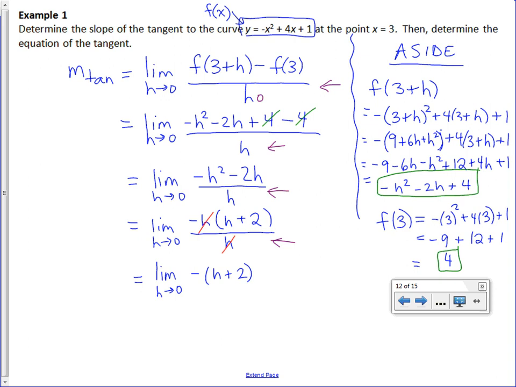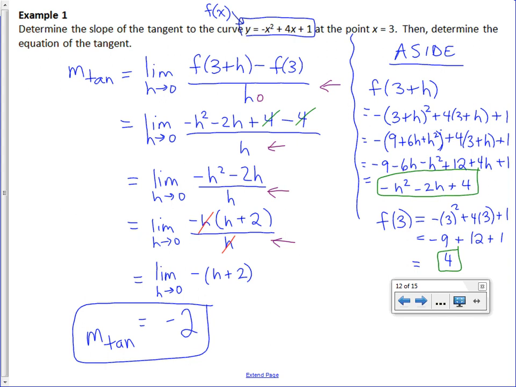When you replace h with a 0, it makes it look like you're saying h equals 0, and that's not really the case. Okay? So if I let h go to 0, I'm basically saying ignore h, what's left? If h is gone, you just found the exact slope of tangent. There was no approximation here. You have found that the slope of the tangent to this quadratic at x equals 3 is negative 2. Make sense?